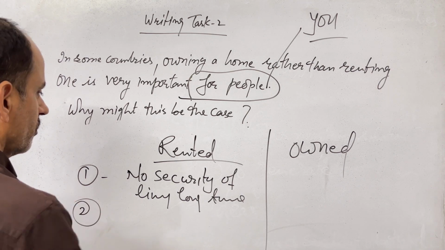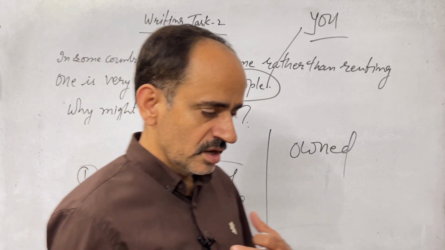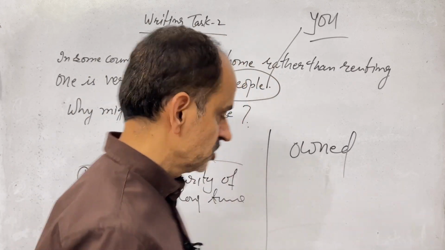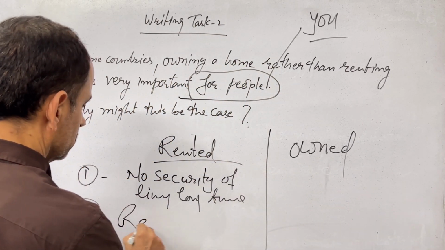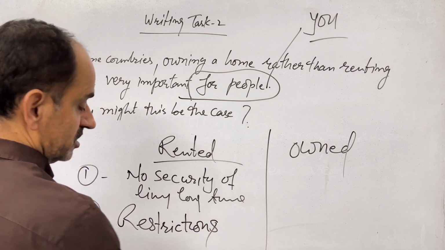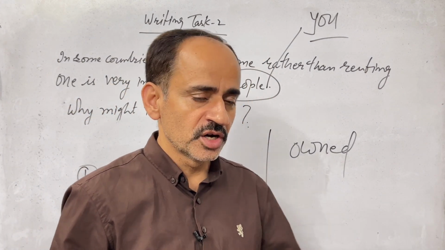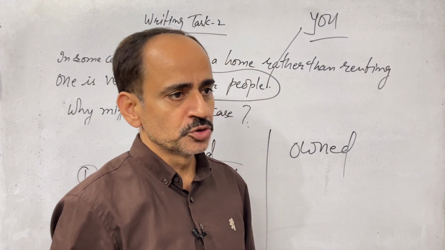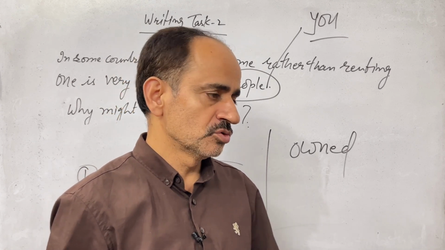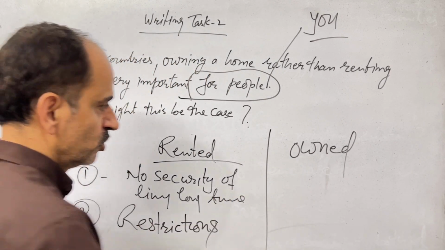Second, in a rented house, there would be lot of restrictions on me. So restrictions means always there would be interference by the owner, not to do this, not to do that. You are not allowed to keep a pet. You should not use electricity too much. You should not create noise. You cannot host parties. So these kind of points could be there.